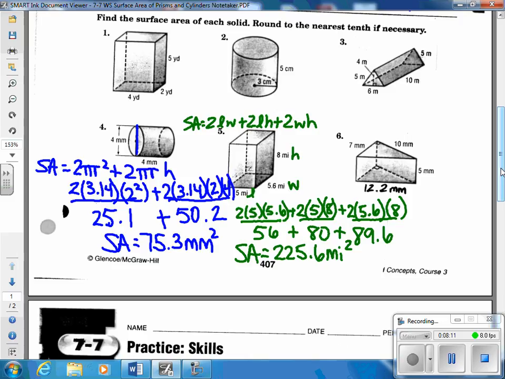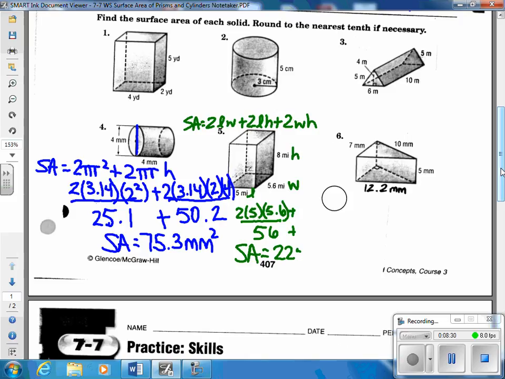All right, so now let's switch over to number 6 and take a look at the formula that we have there. The formula for a triangular prism looks different, and there are some different pieces in it that we're going to have to take into consideration. I'm going to erase this piece so I can show you what I'm going to do here.